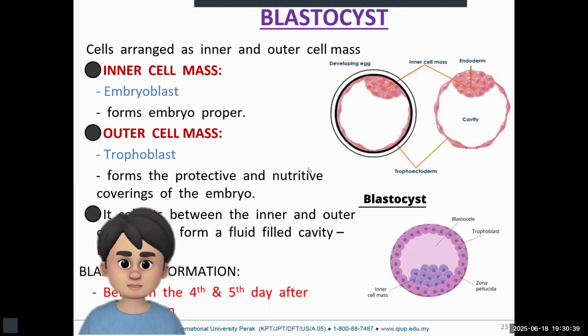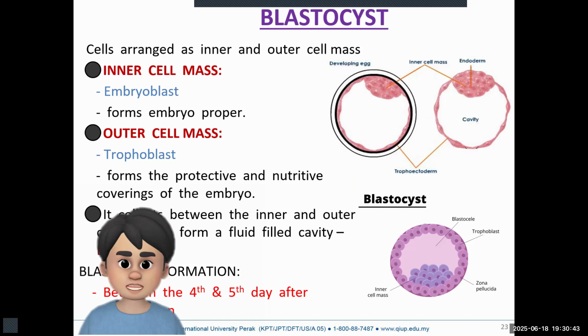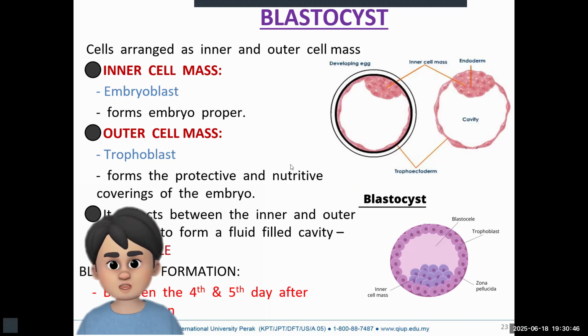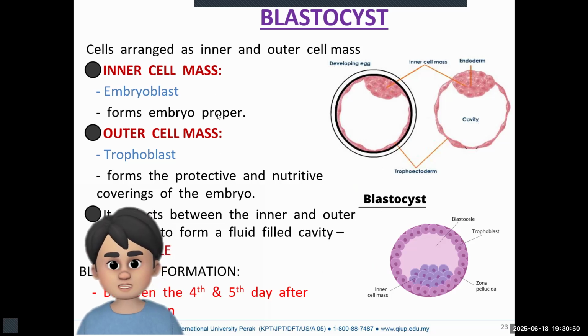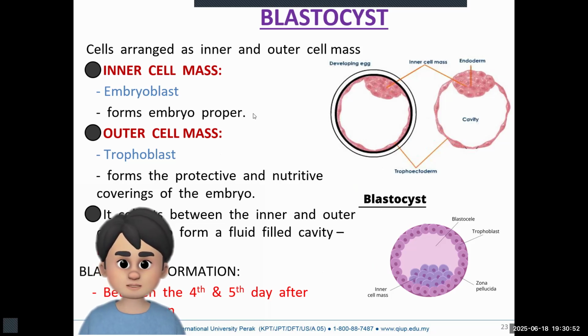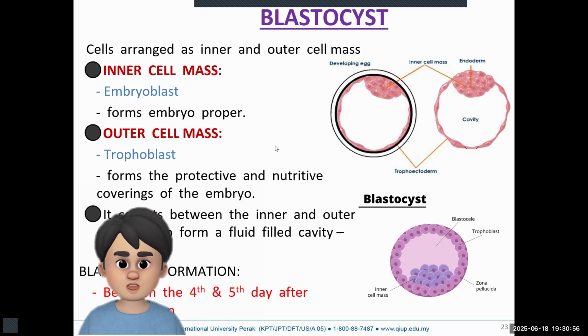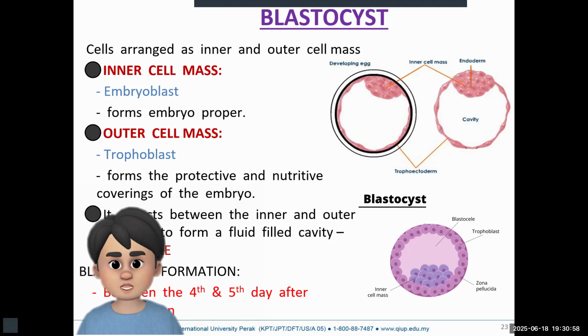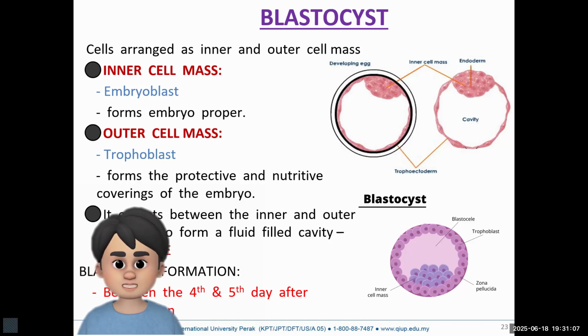Blastocyst. Now you can see the significant difference. Cells are arranged as an inner and an outer cell mass. The inner cell mass is the embryoblast, which forms the embryo proper. The other one is the outer cell mass, the trophoblast, which forms the protective and nutritive covering of the embryo. Fluid collects between the inner and outer cell mass to form a fluid-filled cavity, the blastocyst.